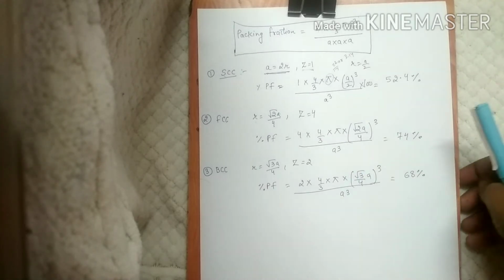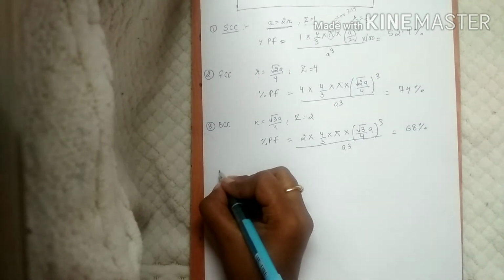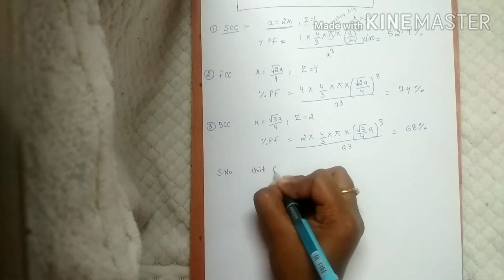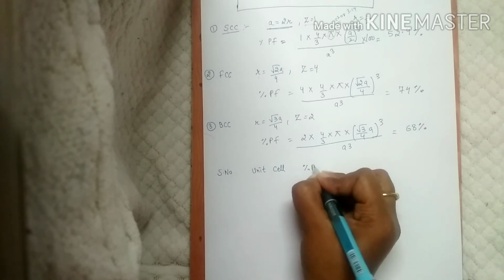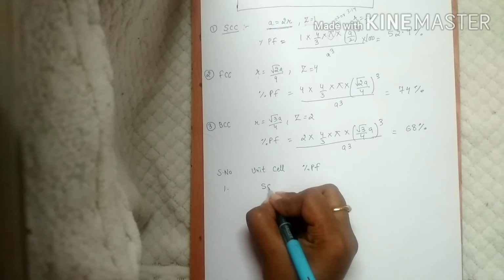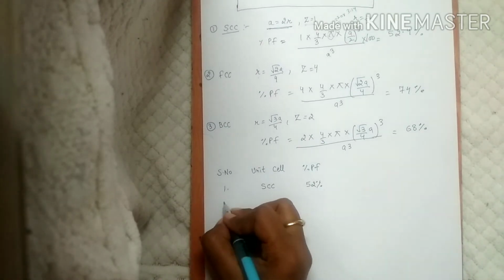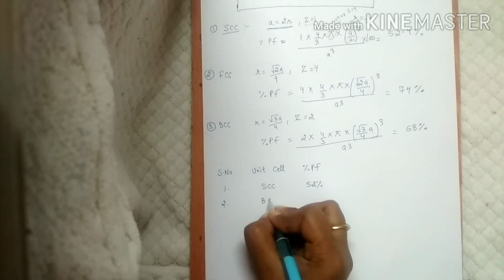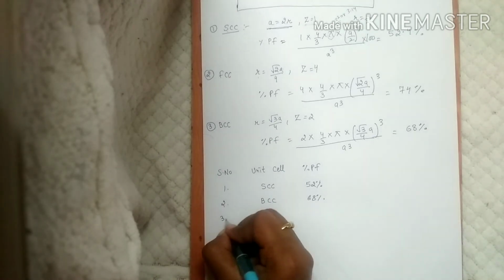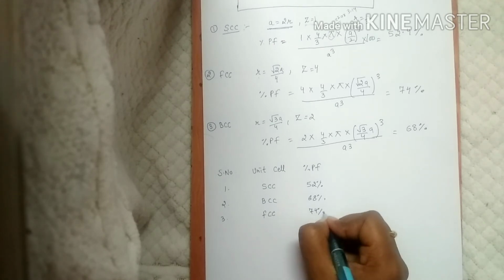So I'll make a small table in which I'll write down all the values only. Serial number, unit cell and percentage packing fraction. First is your simple cubic unit cell, 52%. Second is your BCC, 68%. Third is FCC, 74%.